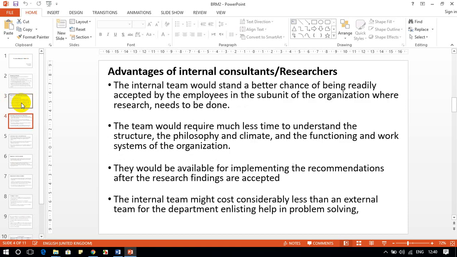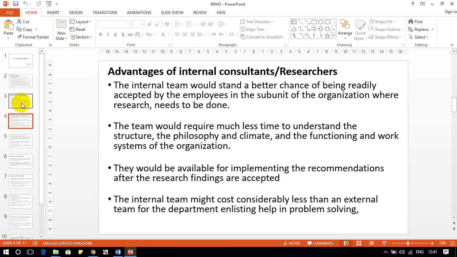So there are some advantages. The first advantage of the internal consultant is that most probably the research need is going to be accomplished. It means that the internal team stands a better chance of being readily accepted by the employees in the subunit of the organization where research is needed.